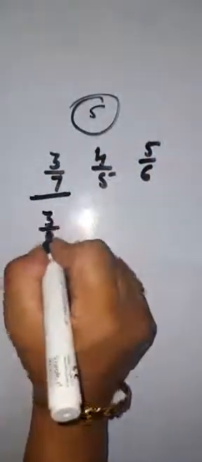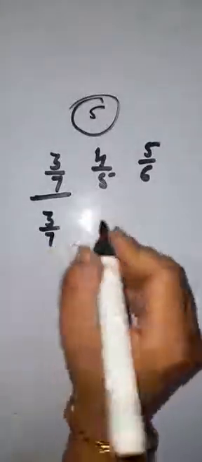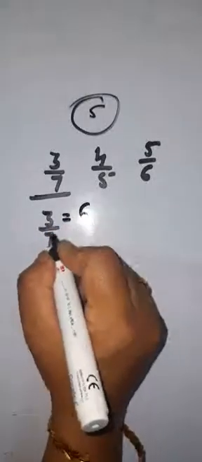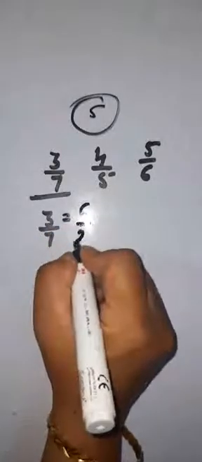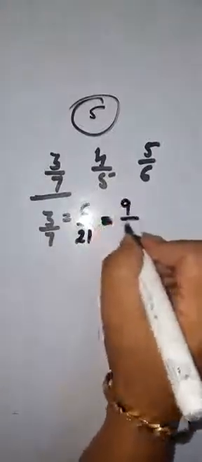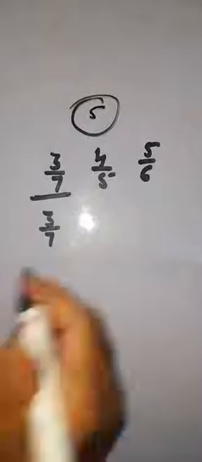So 3 out of 7 multiplied by 2, 3, 4, 5, 6. So 3 2s are 6, 7 3s are 21, 3 3s are 9. Sorry, 7 2s are 14. Wait, we will multiply, you will get confused.